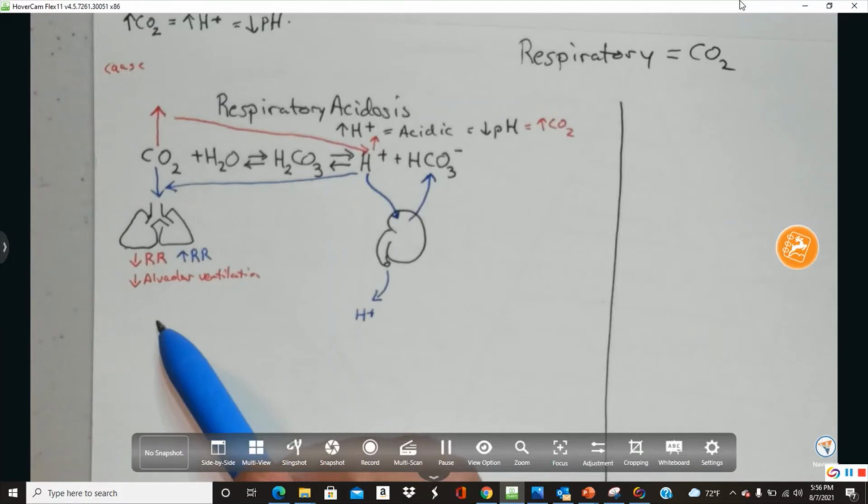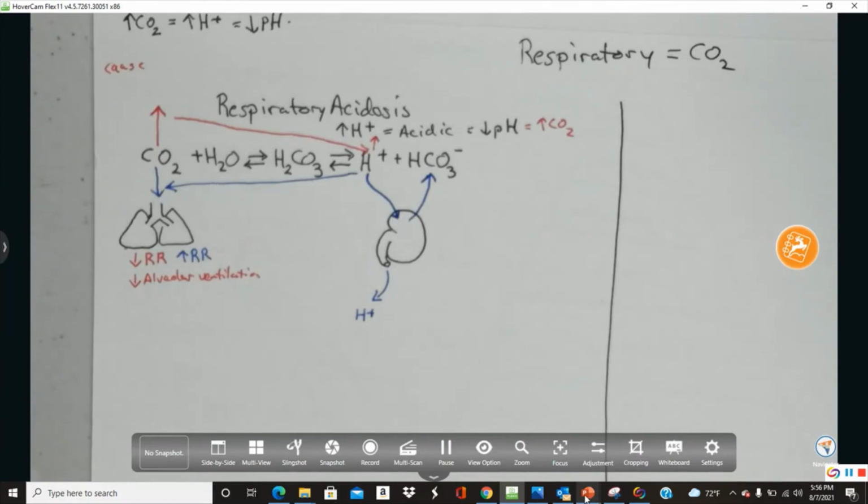Maybe a neurological injury that happened suddenly. Maybe they took drugs, and those drugs were making the respiratory rate go down, things like that. But this is how the body would generally tend to deal with this.